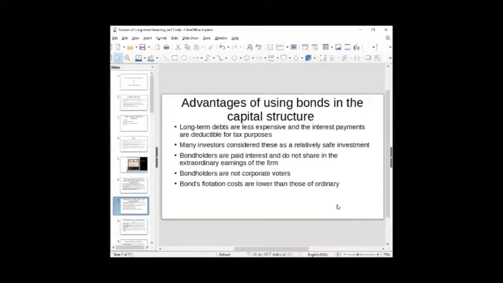The bondholders are not corporate voters. They are just the ones who provide the capital to the company, but they don't have that right, so they don't have participation in the decision making of the company. The bond quotation costs are lower than those of ordinary shares.